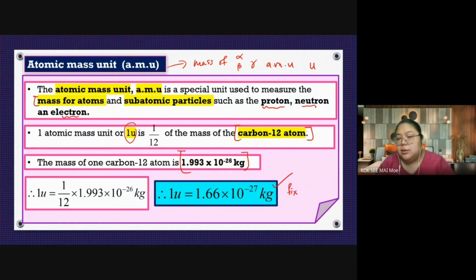So if you want to convert 1 u to kg, you multiply by this value. Normally the question will provide this formula, because we don't need to memorize it. But you need to know it is 12 times smaller than the carbon atom. So from here, you sure need to do the calculation for the energy.